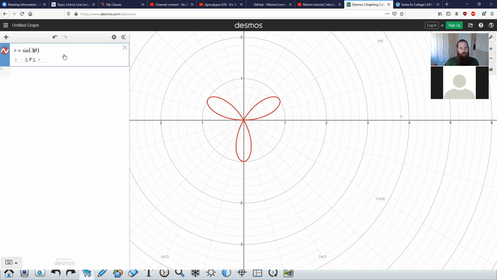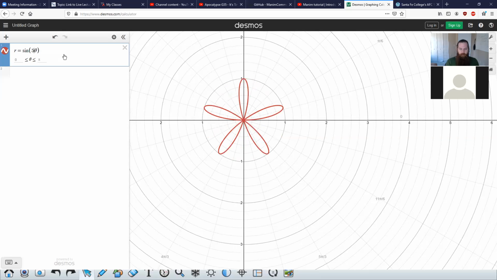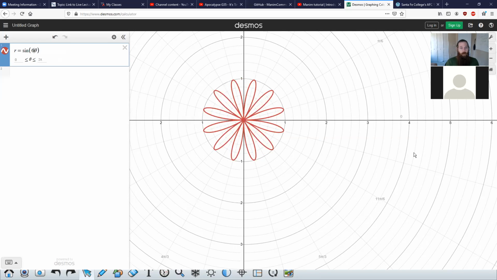If I change it from a 3 to a 4, I've got 8 petals. 4 to a 5, 5 petals. So if the angular velocity, the number on the inside of the sine function, like sine 2 theta, 3 theta, 4 theta, 5 theta, if that number is odd, then you'll have that number of petals. But if that number is even, you'll have twice that number of petals. And you might ask, well, what about cosines?